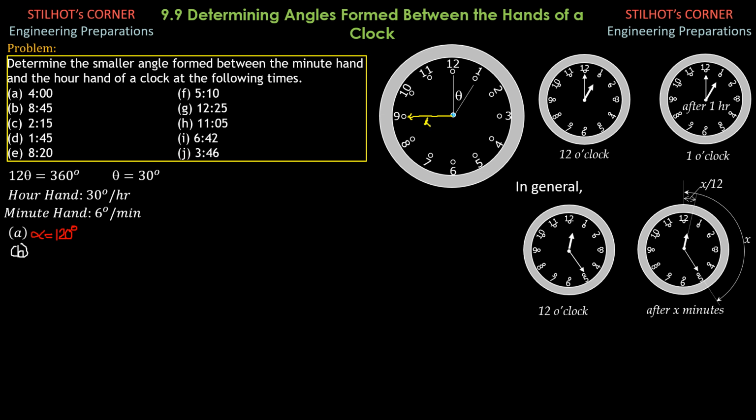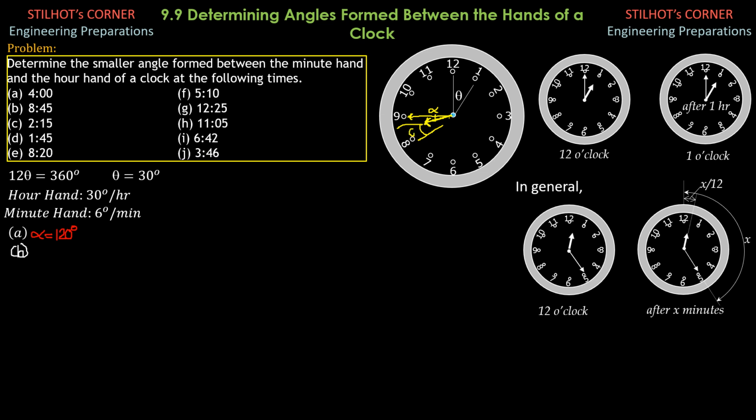This should be the position of the hour hand. So definitely this angle here, alpha, is less than 30 degrees. So let's make the minute hand fixed and find out this angle here by ratio and proportion.